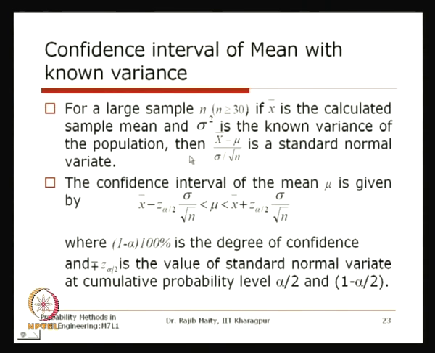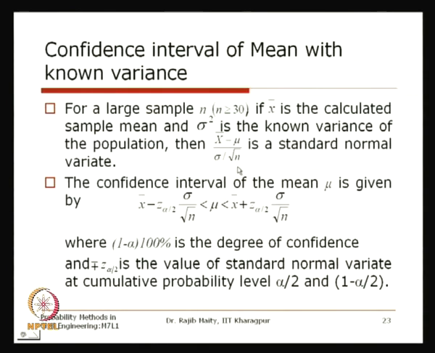Then it can be shown that x bar is normally distributed with mean equal to mu, which is the population mean, and the variance of x bar, that is the sample mean, is sigma square by n, or the standard deviation of x bar is sigma by square root n.